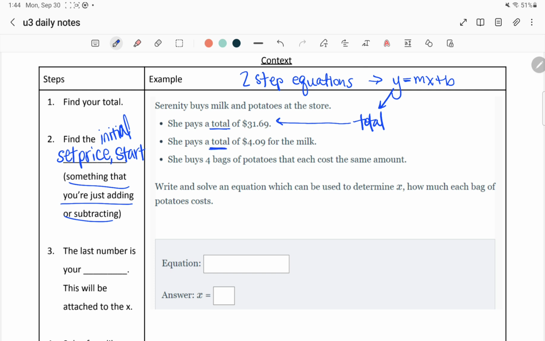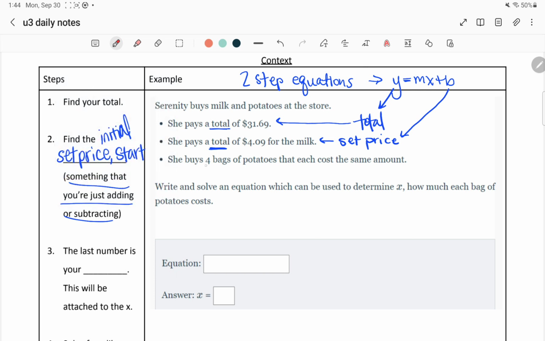It's not a rate. It's not something that I have to multiply. It's just going to be something added onto my grocery list. So this is going to be my set price. Your set price is always going to be your b value in y equals mx plus b.